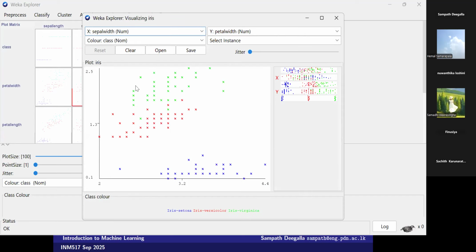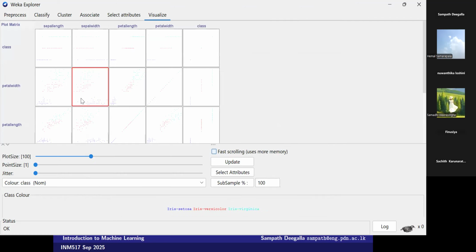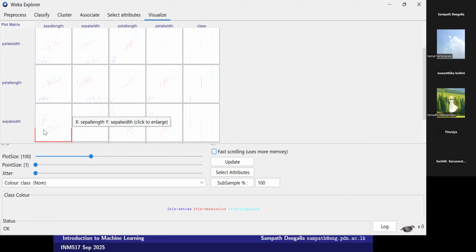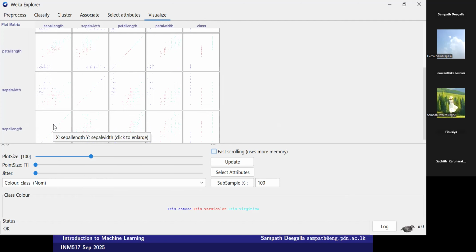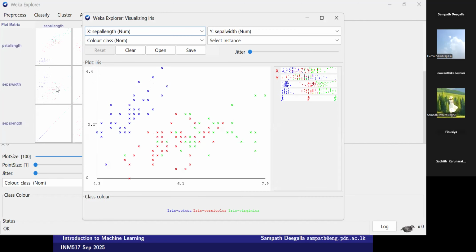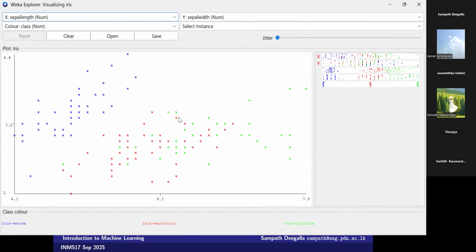So you can see how the three classes separate. Let me try this. Yes, so you can see here. This visualization shows you how easily they are separable.